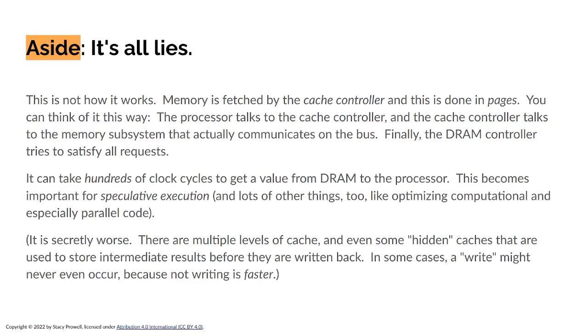Everybody may want to talk to memory at the same time, and if so, I've got to figure out how to service all these requests, and that can become complicated. In addition, stuff has to be written back to memory, so that's got to happen. So all of that is problems. So what we do is we build cache. And so ideally, the processor just goes out to cache to get what it needs and doesn't have to go all the way out to DRAM.